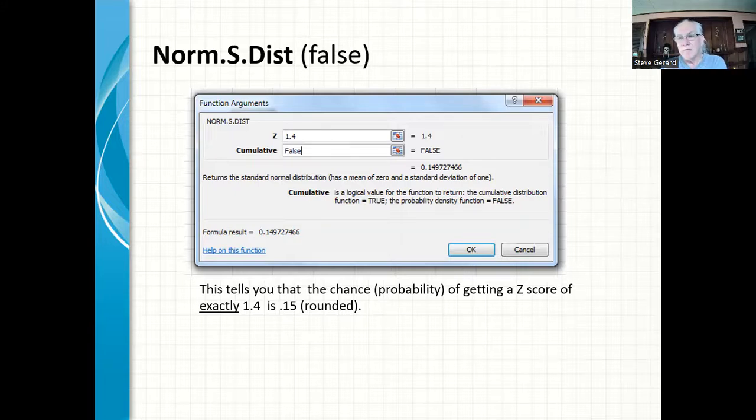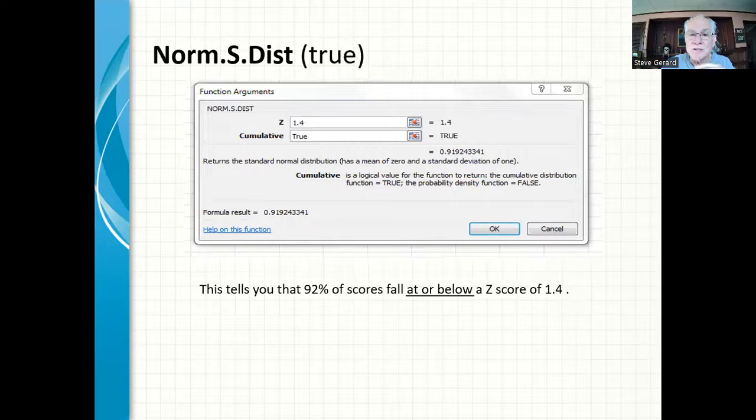That means 1.4 and anything up to that point, versus getting exactly 1.4, which is just a specific point. As you might imagine, getting the specific point is a lower probability than getting that score or any score up to it. So the point probability of roughly 0.15 is smaller than the cumulative probability, which was about 92%.